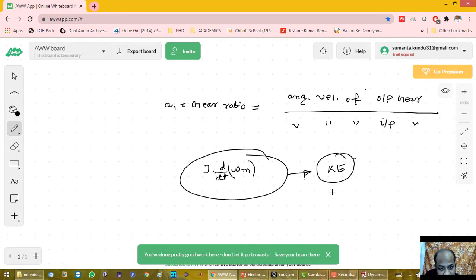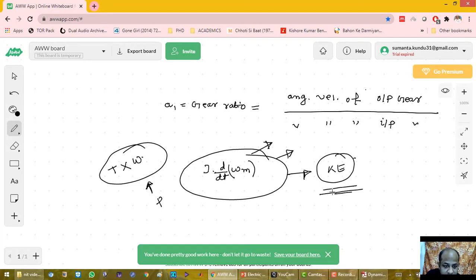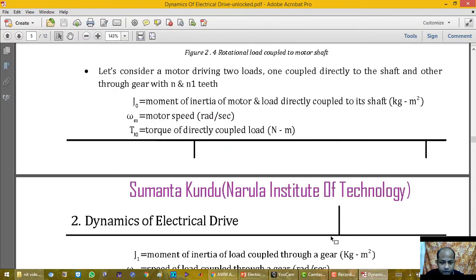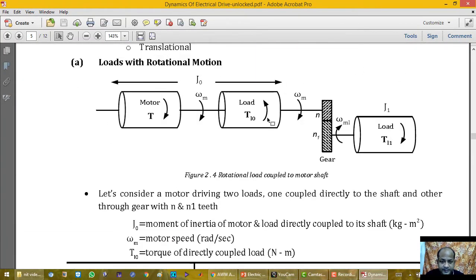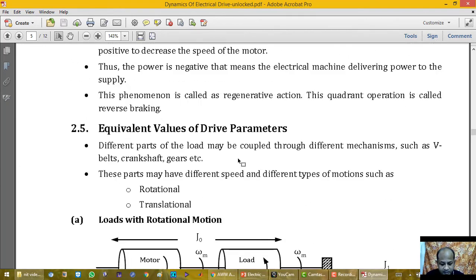Whatever energy is associated with this torque, because we know torque into angular speed is power, the power related to this torque is nothing but the kinetic energy, and my motto is to replace this system with the equivalent values.